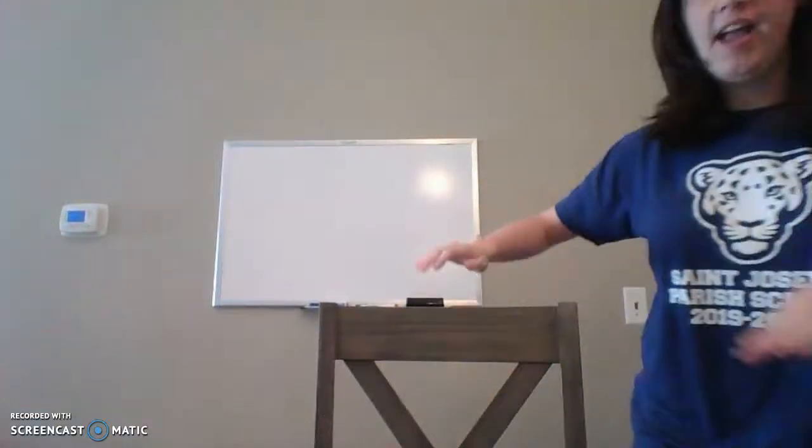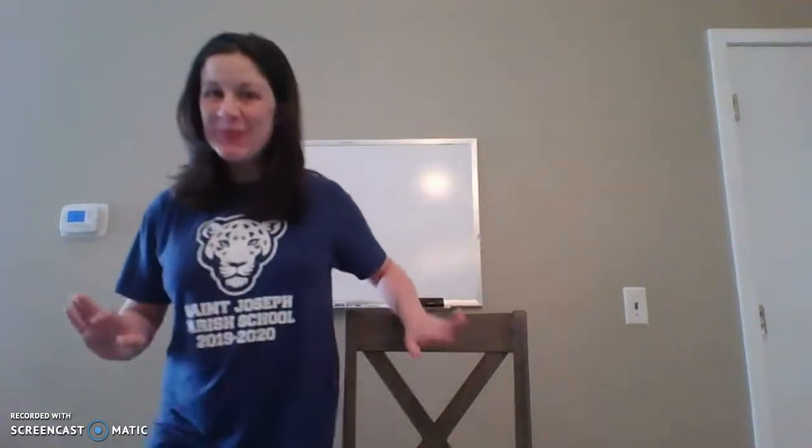On my chair here, I am behind the chair, right? The chair is in front of Mrs. Hanson. Now, what about now? Am I in front of or am I behind the chair? I'm in front of, right? So the chair is behind me and I am in front of.